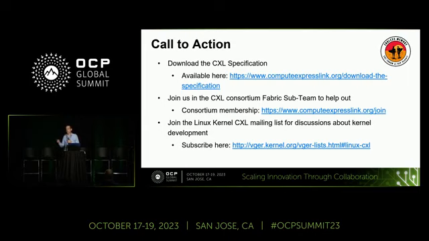Everyone has their own perspective, and it's very useful to be able to deliver a good holistic architecture, getting all those different viewpoints. So please take a look, join us in the Fabric subteam, and then if you want to see some of the activity going on developing support for CXL and its management in the Linux kernel, I'd encourage you to join the Linux kernel CXL mailing list.